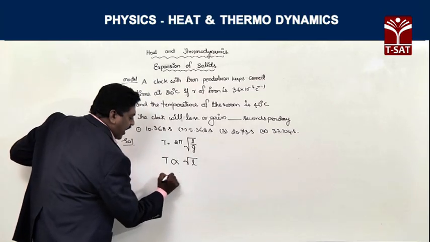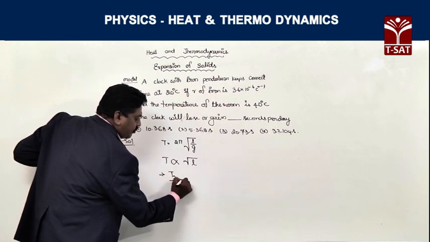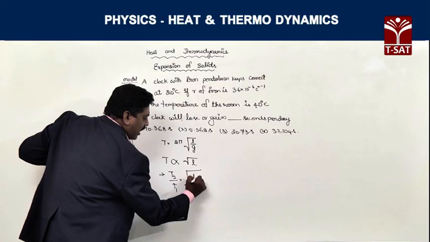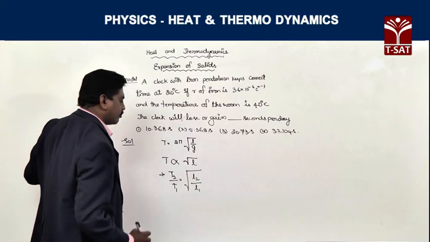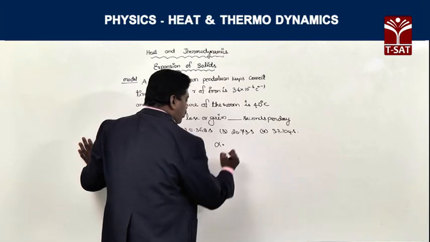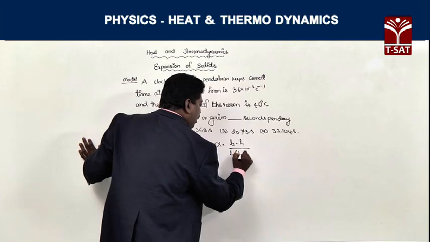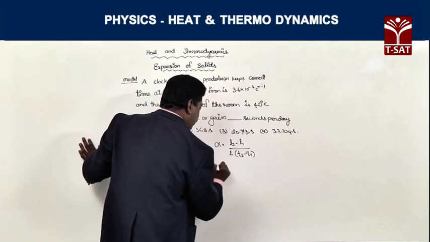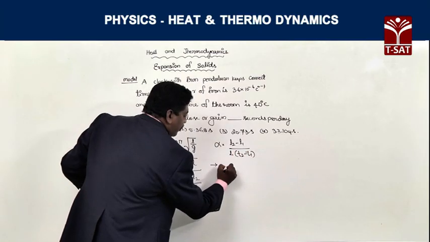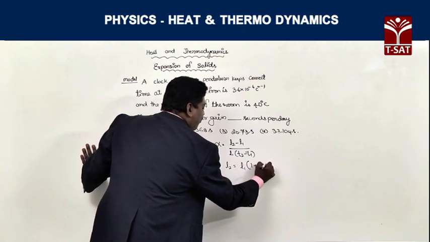This we can write as T2 by T1 is equals to square root of L2 by L1. We know very well that alpha is equals to (L2 minus L1) by L1 into (T2 minus T1), which I can write as L2 equals to L1 into (1 plus alpha delta T).